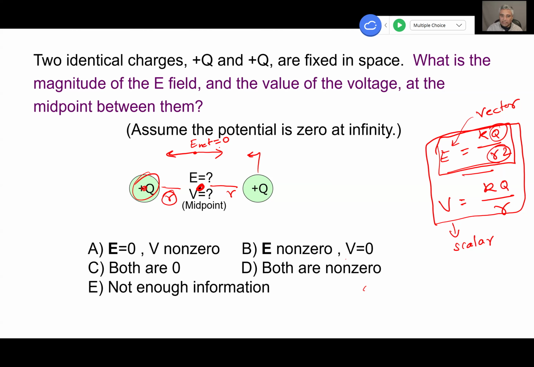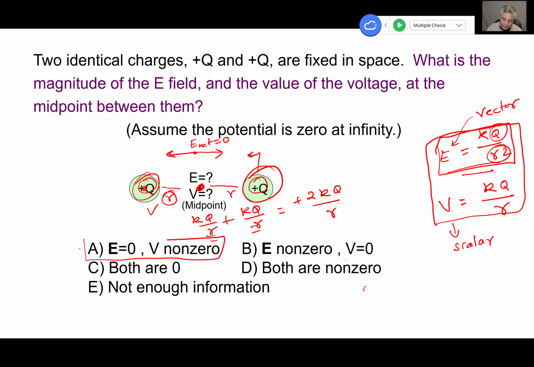How about potential? Potential is not a vector, it's a scalar quantity. So potential due to this charge is, let's say, kq over r. And so is the potential due to this charge. Positive charge means both of these are positive. So it's going to be positive 2kq over r. They get added, so no zero. So potential is not zero, but field is zero.